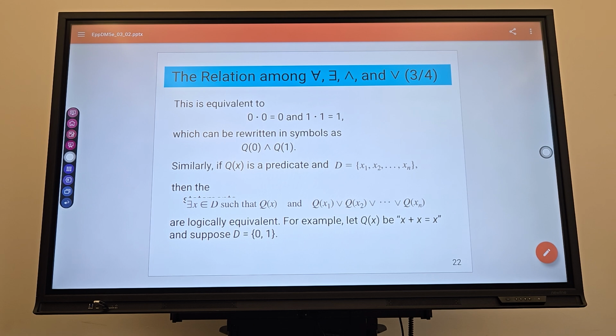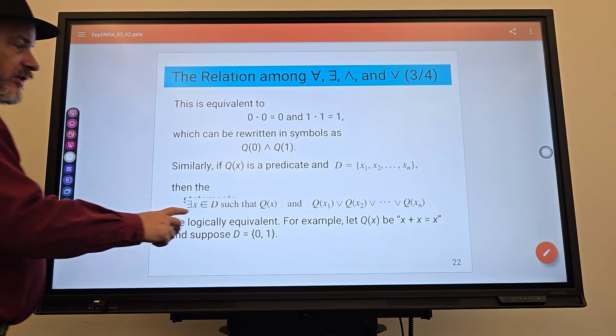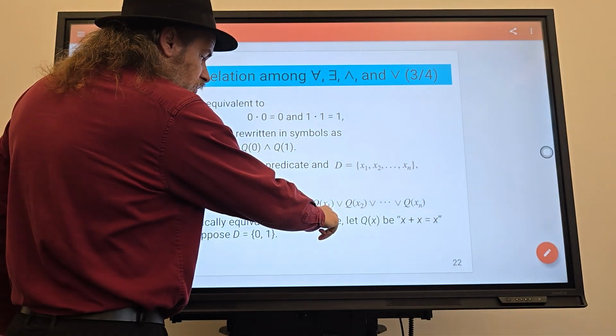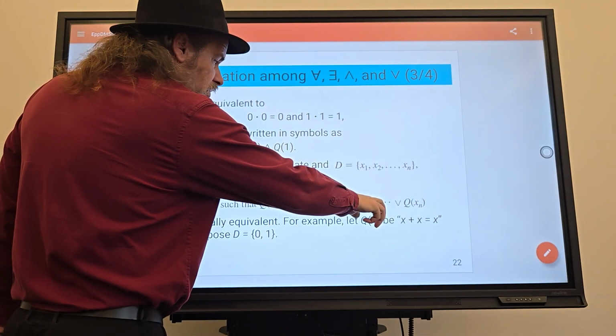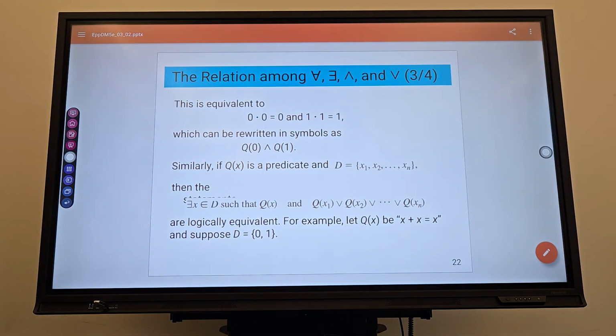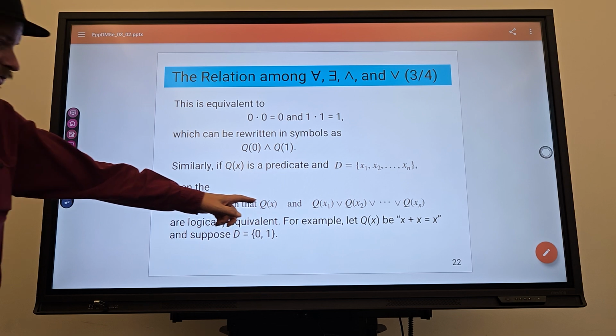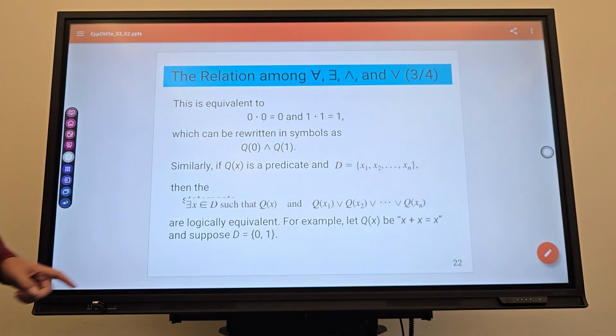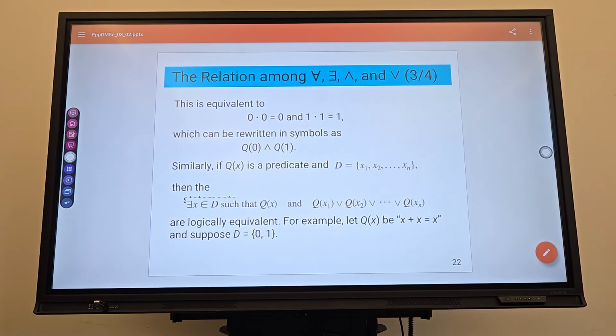The existential statement is the equivalent of there exists an x such that Q of x1 or Q of x2 or so on to Q of xn. For this to be true, you just have to show that one element of the sequence of ors is true.